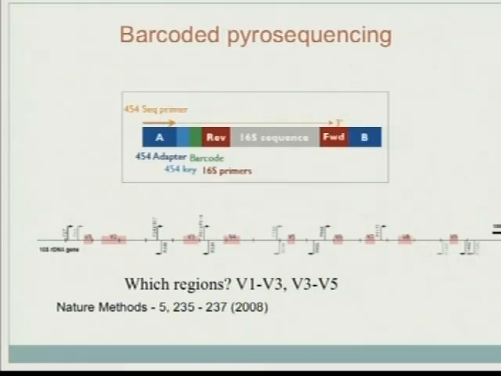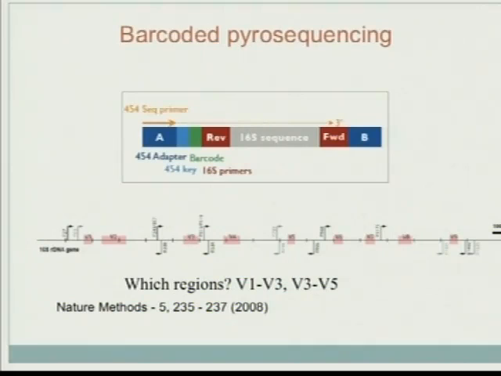One of the difficulties is that you don't really get the full length of 16S, because no second generation sequencing technique can give you 1,500 base pair long reads. As I said, 454 is the most commonly used technique for sequencing 16S RNA gene fragments.